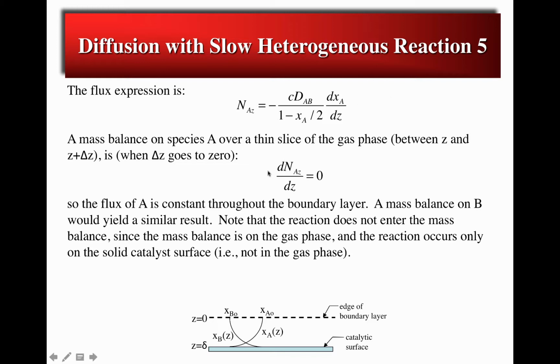If it's at steady state, then the flux can't vary with position in the boundary layer. I'll just emphasize that the reaction doesn't enter the mass balance at this point, because the mass balance is on the gas phase, and the reaction only occurs on the solid surface and does not occur in the gas phase.